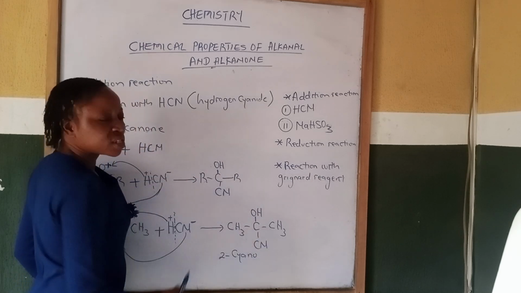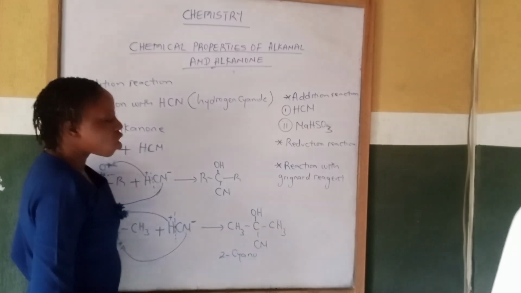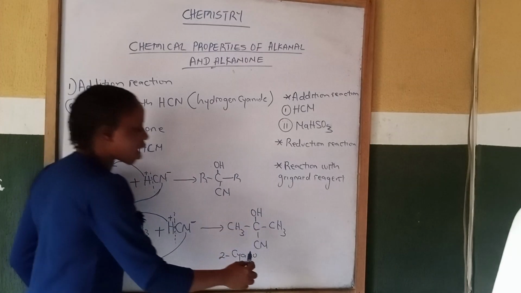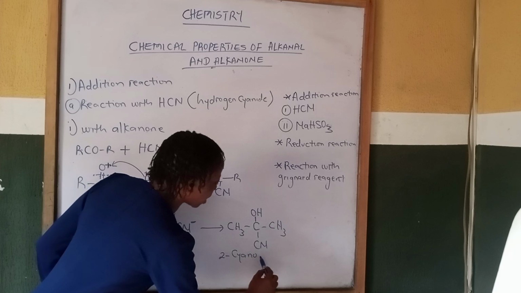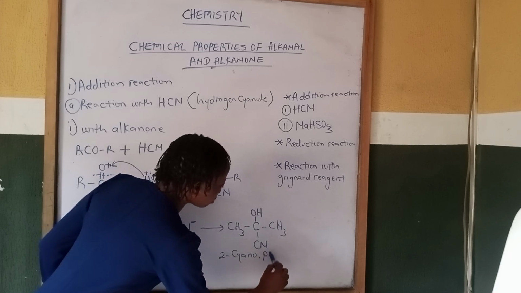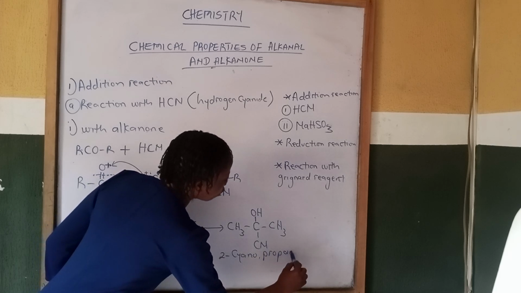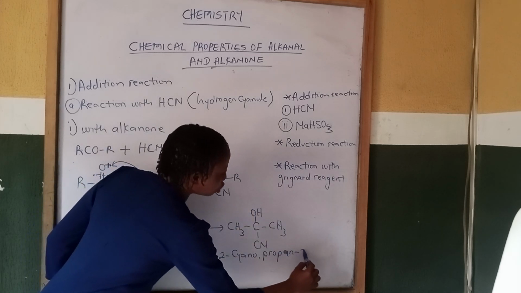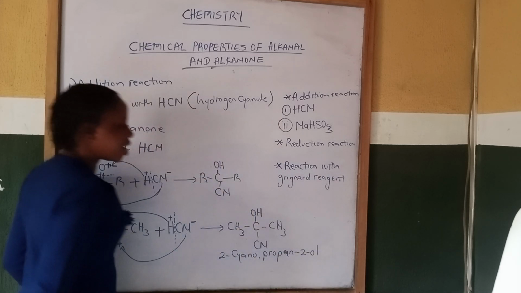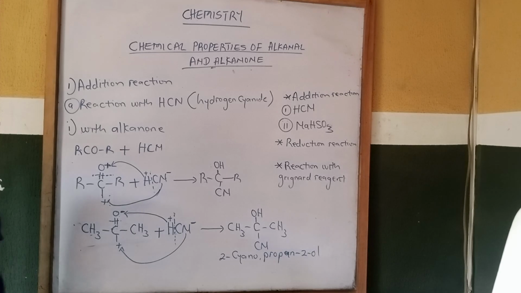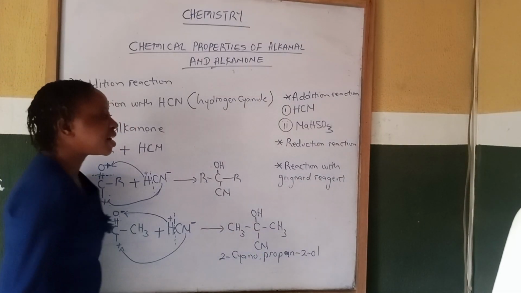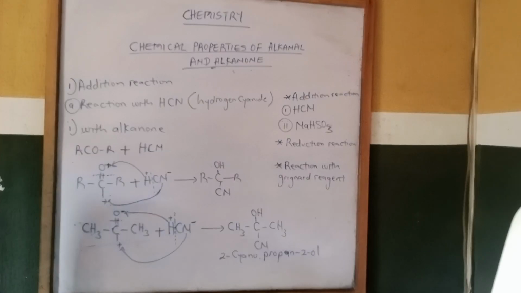An alkanol with 3 carbon atoms is called propanol, but the ol is on the second carbon atom. So we call it 2-cyanopropan-2-ol. So we can see that this is a secondary alkanol.